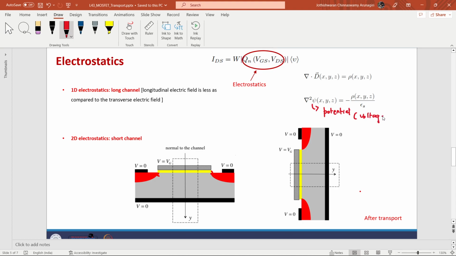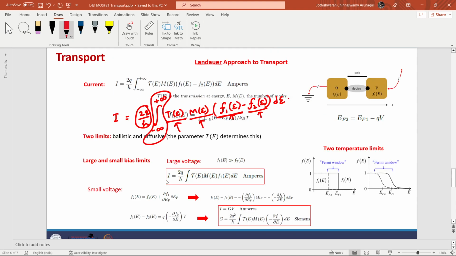This is the localized voltage at a point along the device, most preferably somewhere along the channel interface, along the oxide-body interface, which comprises the channel of my MOSFET device. That is the equation which we use to do the 2D electrostatics.